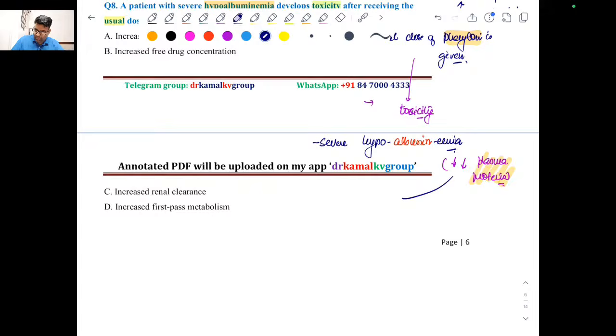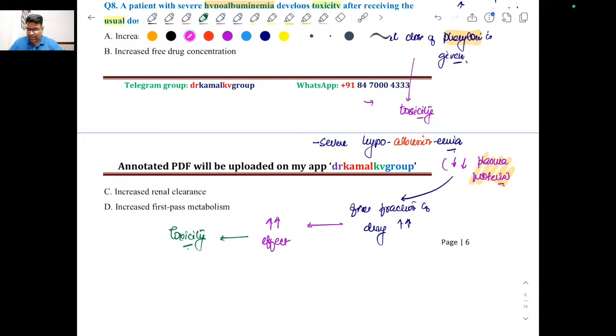So low protein means the free fraction of the drug will increase, and this will increase the effect, and therefore there will be toxicity, right?